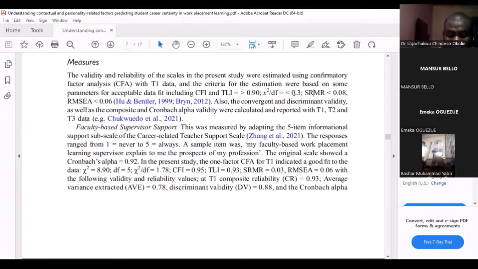The standardized root mean square residual, I can't remember the full name, must be less than 0.08. And the root mean square error of approximation must be less than 0.06, in line with Hu and Bentler 1999 and Byrne 2012. Also, we need to check the convergent and discriminant validity, as well as the composite reliability calculated.